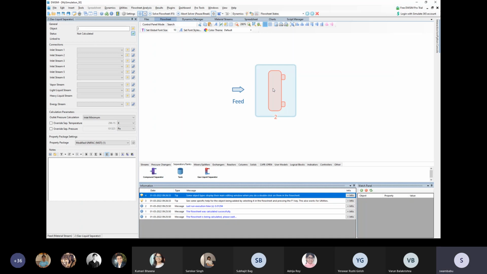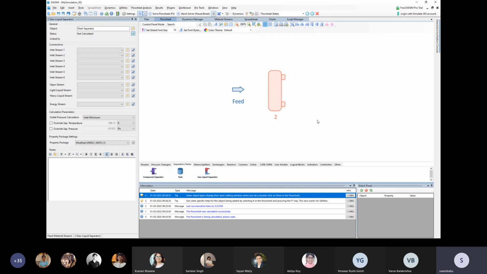So something is missing. What is missing, what the minimum requirements are, we can know from the user guide, or if you go to my classes, you will understand the minimum requirements and the important things. Today we're doing the flash separator. The flash separator needs at least one feed, because some feed has to go inside, and one vapor stream and one liquid stream have to come outside.